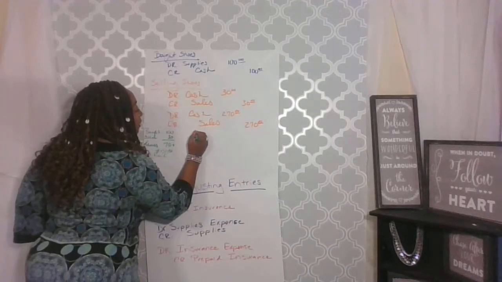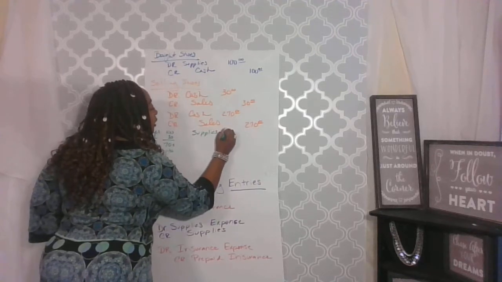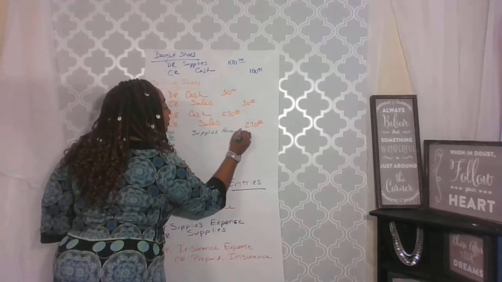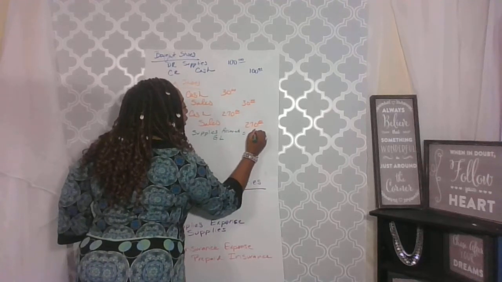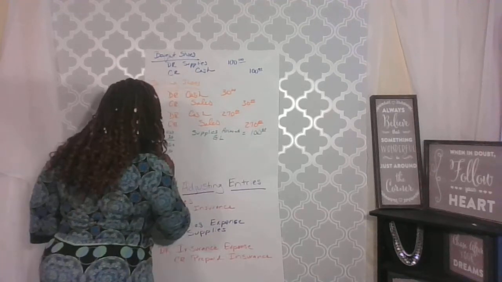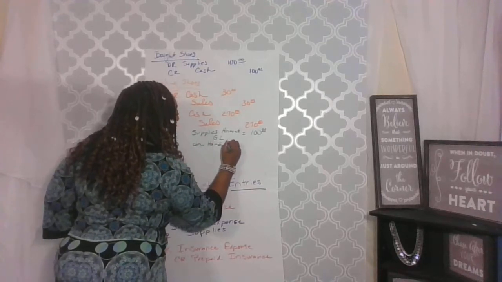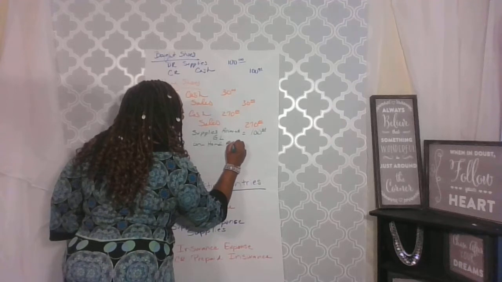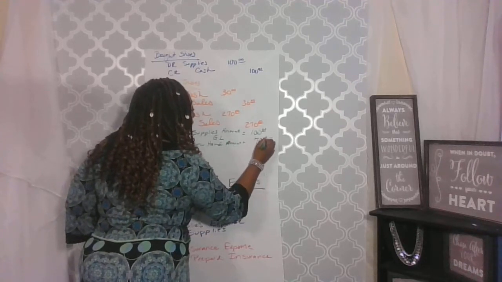So the supplies account from the general ledger is $100. The on hand amount is $70.